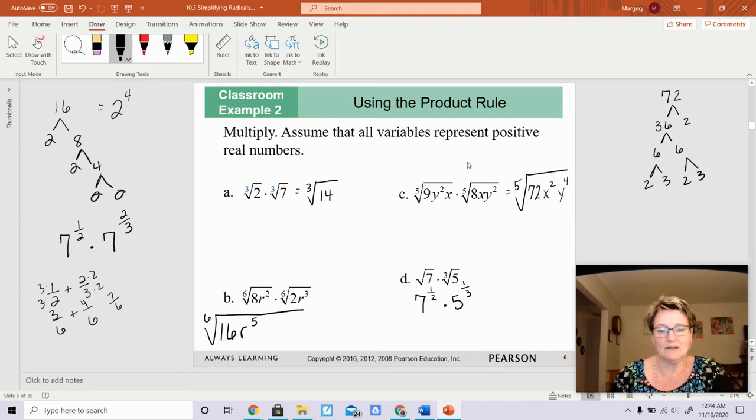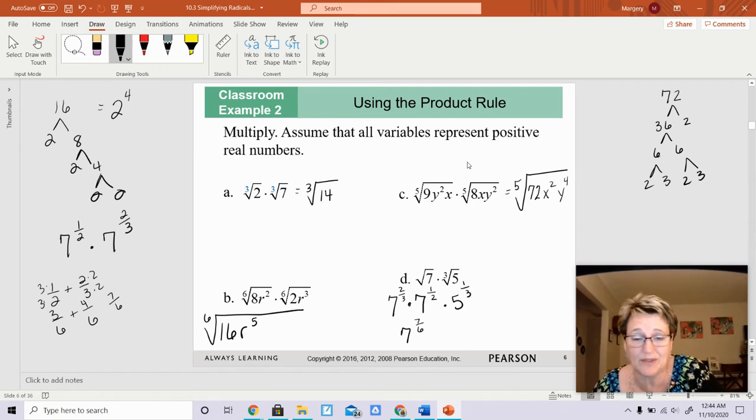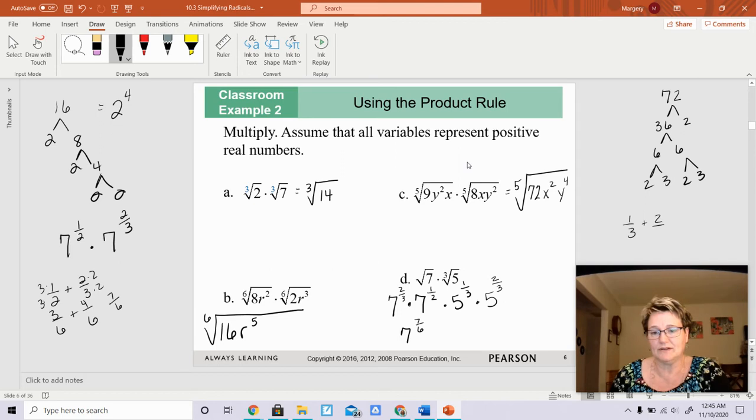So if I multiply this by 2/3, this gives me 7 to the 7/6. My goal is trying to get it all to have the same index, okay? I just picked 2/3, you guys. I could have picked 1/3, and I just realized I probably should have picked 1/3, but it's fine. Then if I multiply this side over here by, let's just say 2/3, that's going to give me 1/3 plus 2/3.